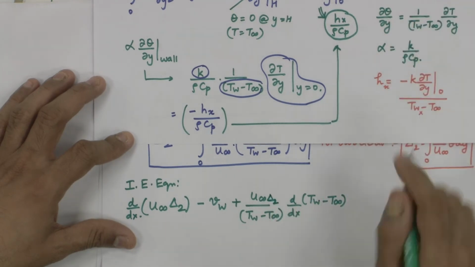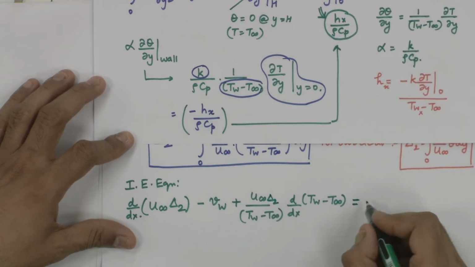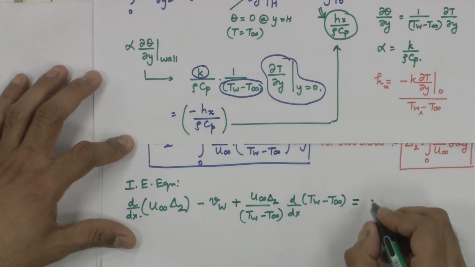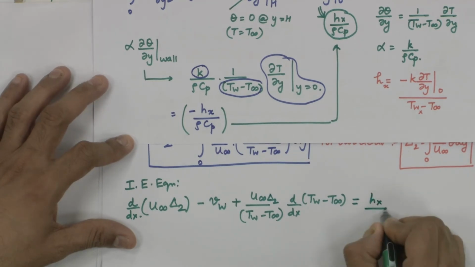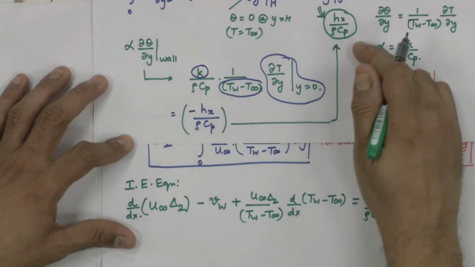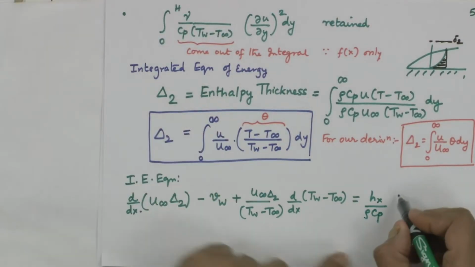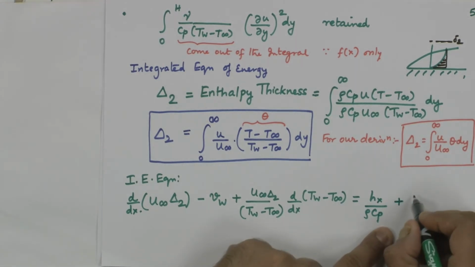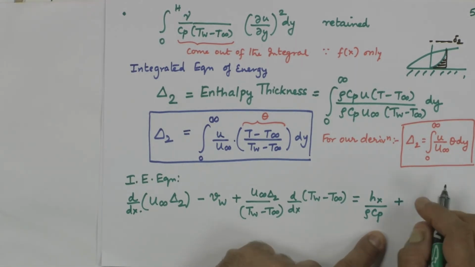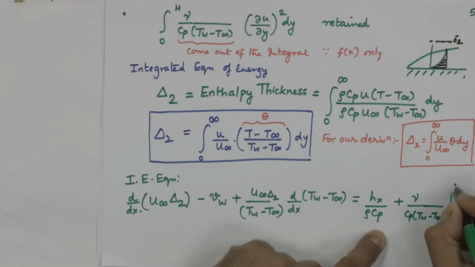This integral is nothing but delta 2. The right hand side is h local divided by rho Cp as it is, and the viscous dissipation term is retained as it was. Nu by Cp times T wall minus T infinity has come out, and you are left with the integral from 0 to h of (du by dy) whole squared dy.